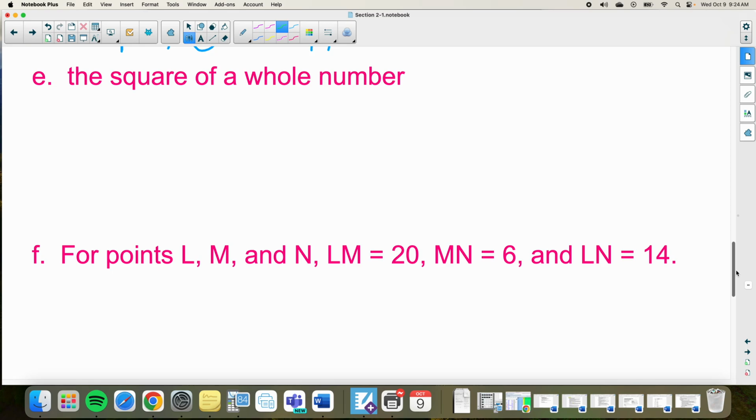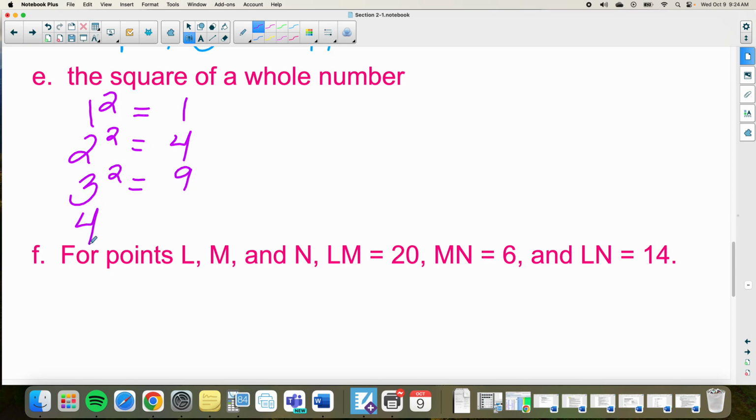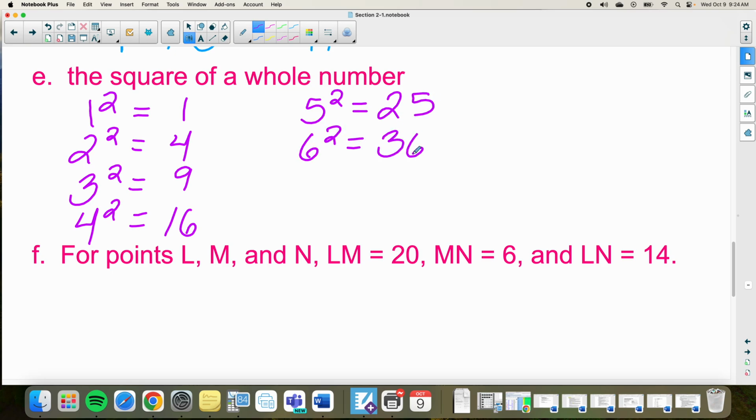Okay? Now it says the sum of a whole number. Or I'm sorry, the square of a whole number. So 1 squared is 1. 2 squared is 4. 3 squared is 9. 4 squared is 16. 5 squared is 25. And then let's do 6 squared too. Okay?